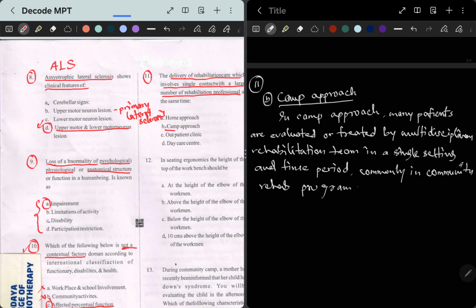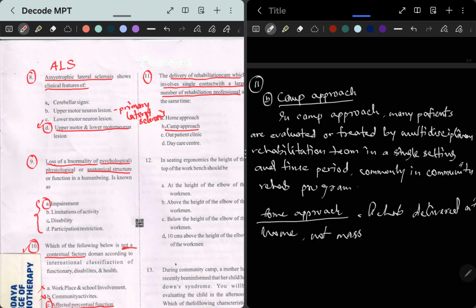Home approach: in the home approach, the rehab is delivered at home, where you will not get mass multidisciplinary contact.